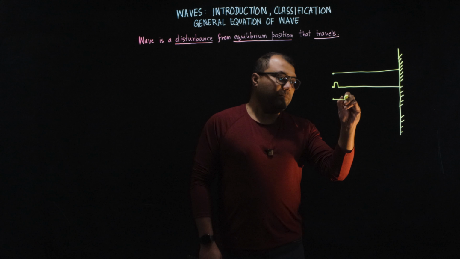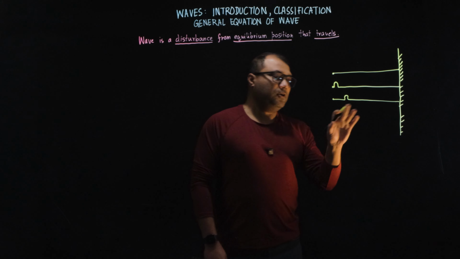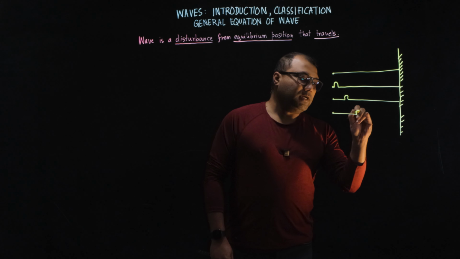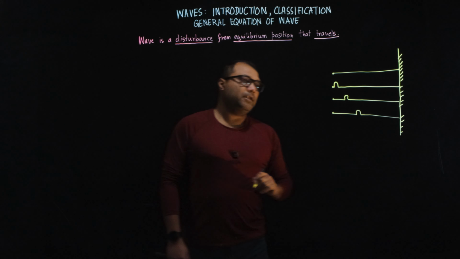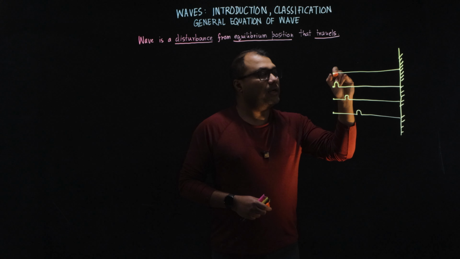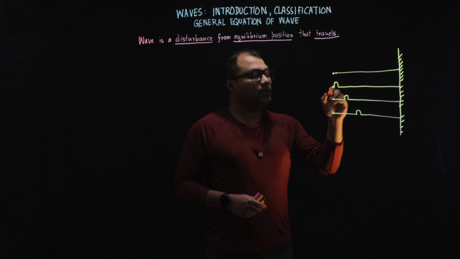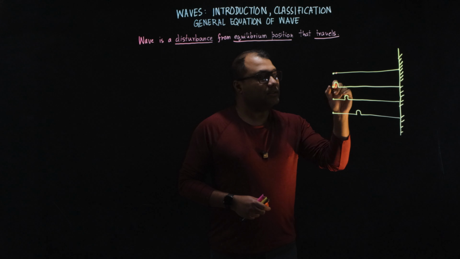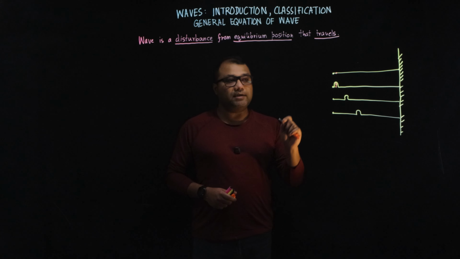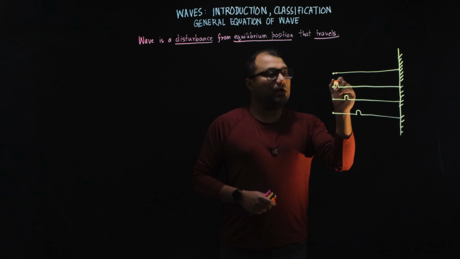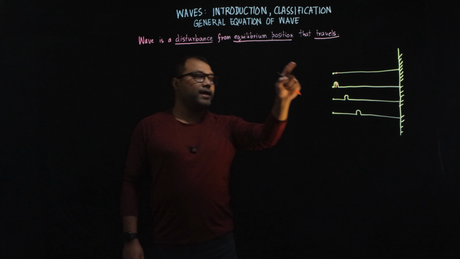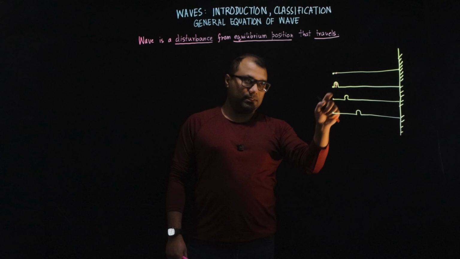After some more time, it has moved across, it has traveled. And after some more time, the bump would have moved a little bit further. So I can say the particle that was originally here, now it has disturbed and it has a displacement up here. So the disturbance can be a displacement in this example.